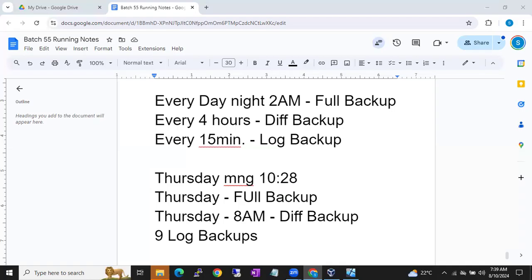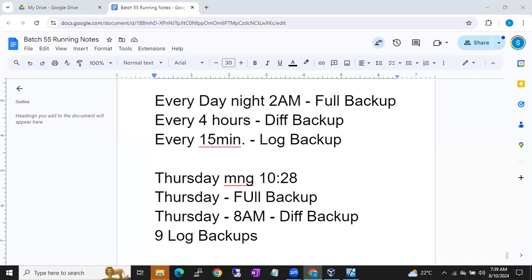Sir, I thought it's from 2 a.m., that the differential backup will start from 2 a.m. till 6. I didn't get this one, Thursday 8 a.m. When I use the word every, always the schedule will start from night 12 o'clock.